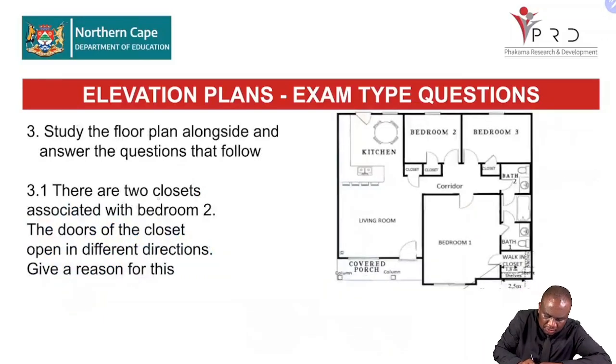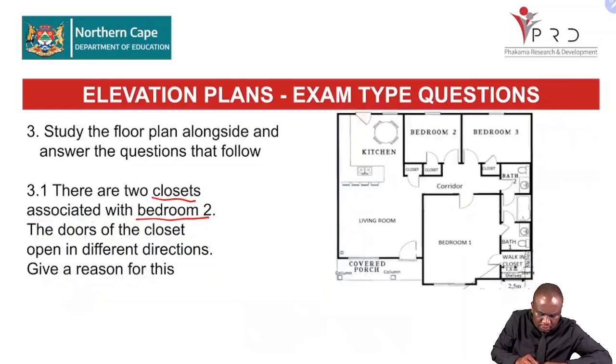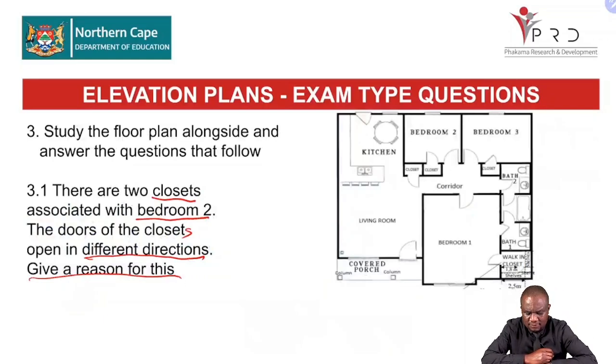There are 2 closets associated with bedroom 2. Do you see them? Let's look at bedroom 2. There are 2 closets there. The doors of the closet open in different directions. Why? Give a reason. Why are they opening in different directions? There's a closet, this one and this one.